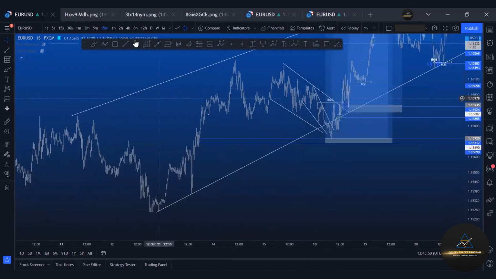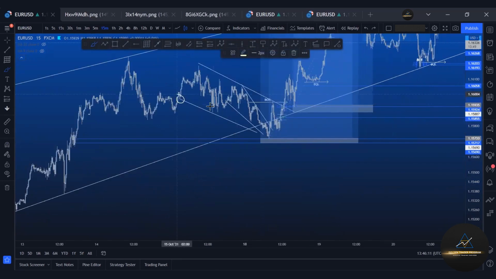So first of all, rule number 1, we need 1, 2, and we need a 3rd tap, right? And on the 3rd tap, a few things can happen. You can either reject and then do a boomerang and then go long, or it could just go to the boomerang and then go long. But on this occasion, this was beautiful, right? We've got 1, 2, 3.